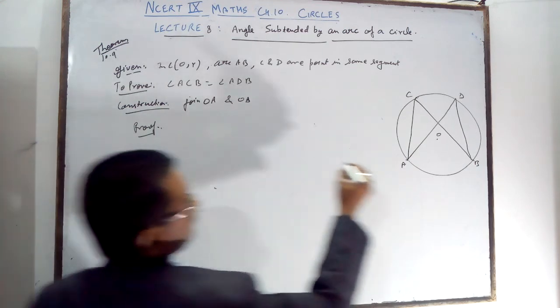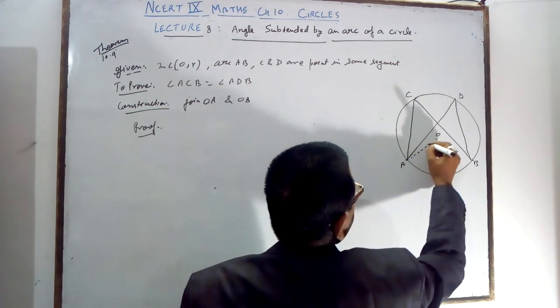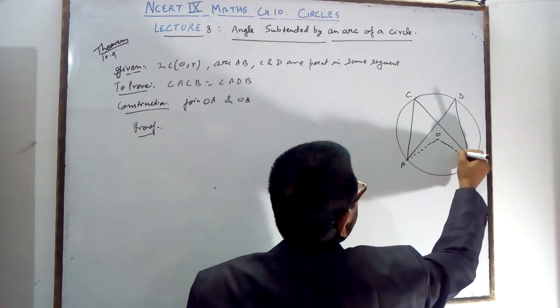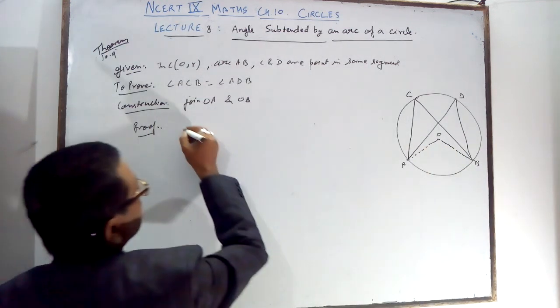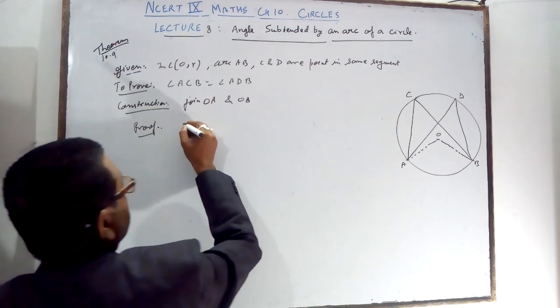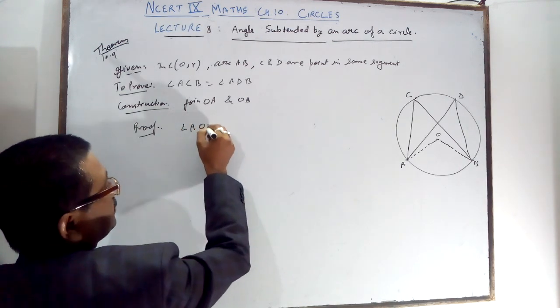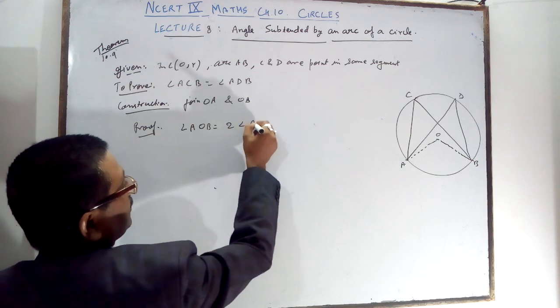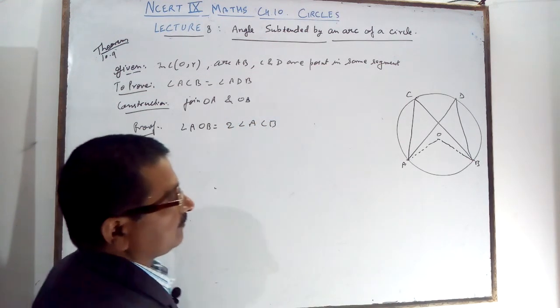Proof: angle AOB is equal to twice angle ACB. Why?